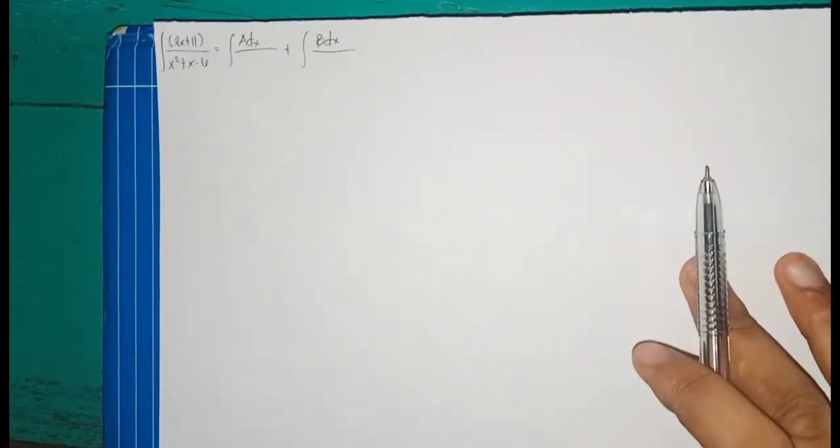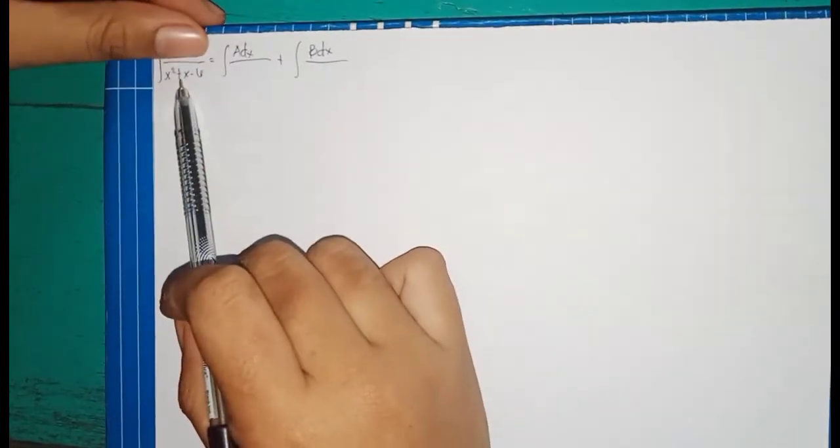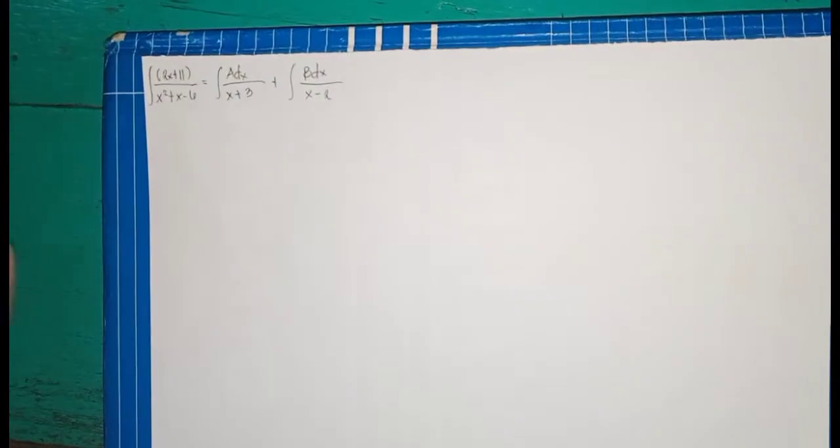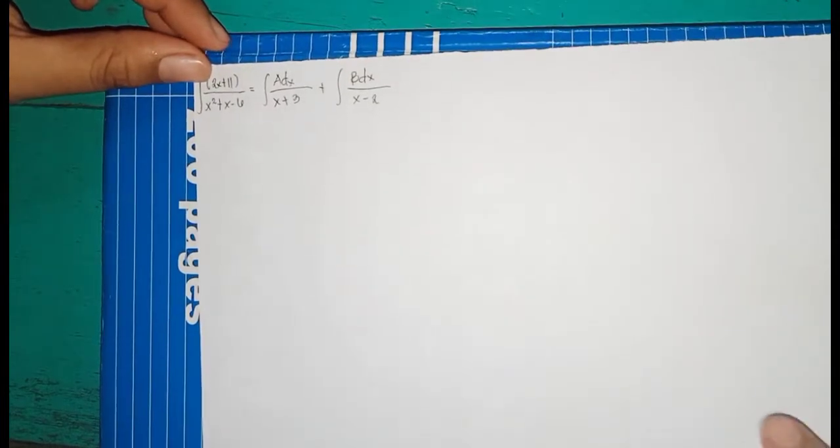Okay, so what will be the factor of this x squared plus x minus 6? So the factor of this is x plus 3 times x minus 2. Okay, so let's proceed to get the value of A and B.